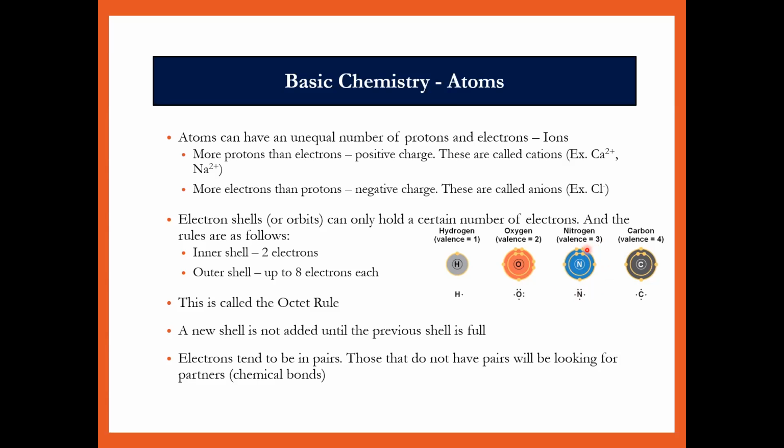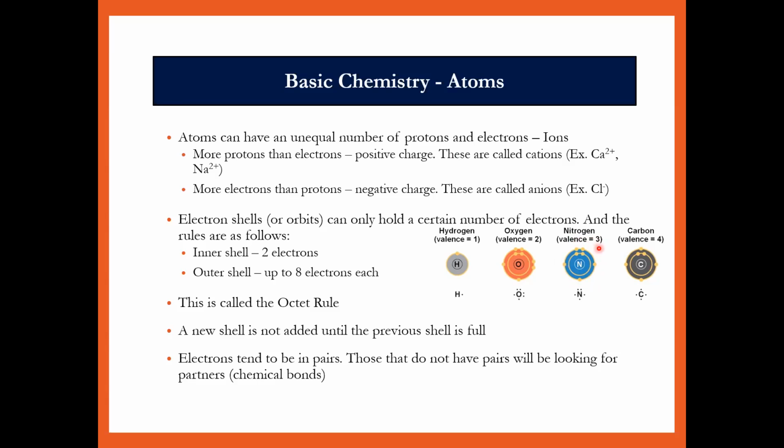So then we will go 3, 4, 5, 6, 7, because nitrogen has 7 electrons. Our outer shell right now has 5 electrons, but it has 3 parking spots available, 1, 2, and 3, to satisfy this outer shell.